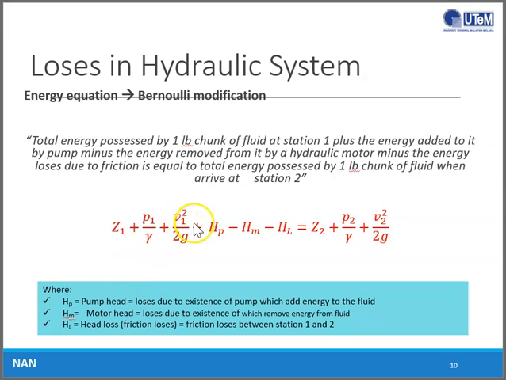And this is the energy equation for Bernoulli modification by adding the losses in hydraulic system. So the same equation, just plus pump head, minus motor head and losses of friction.